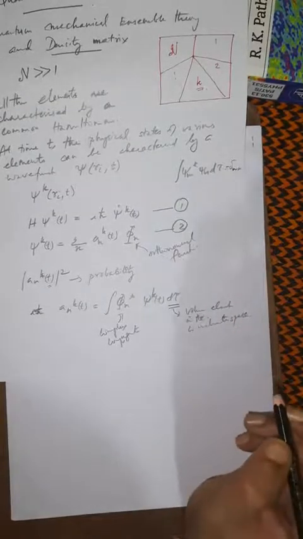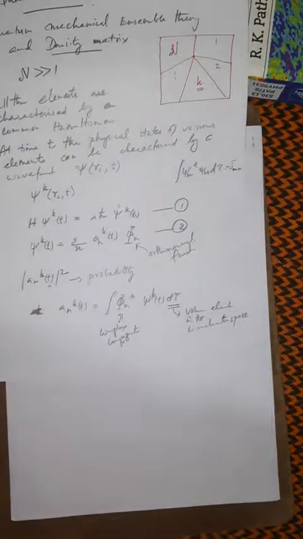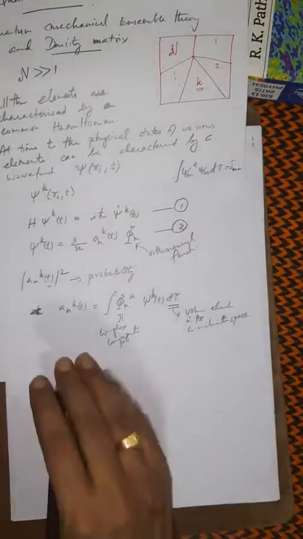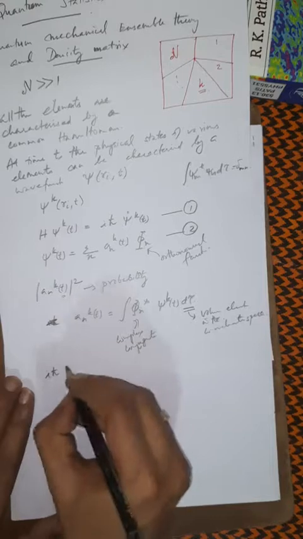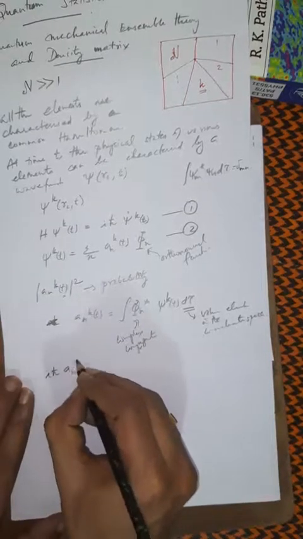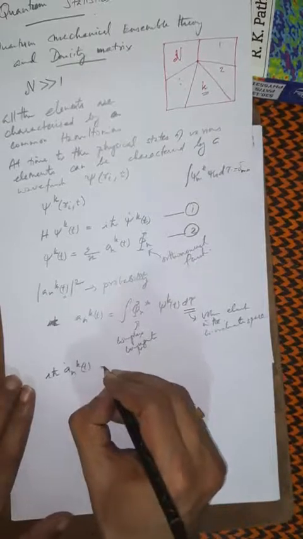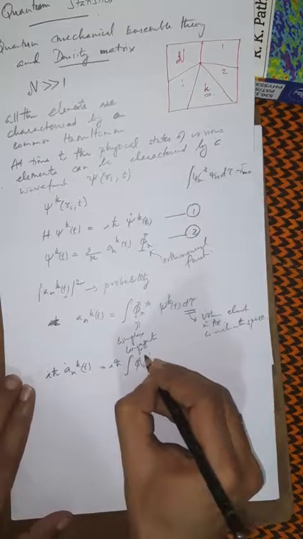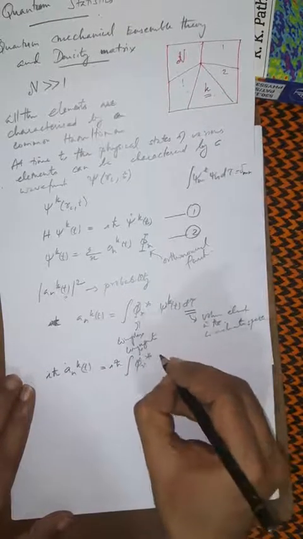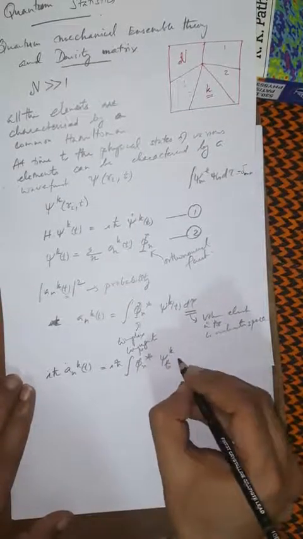So that is it. And now I can try to manage it with the i h-cut. So i h-cut A_n(k,t) is equal to i h-cut phi_n star psi_k(t).